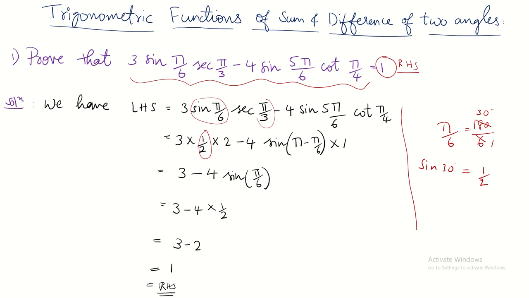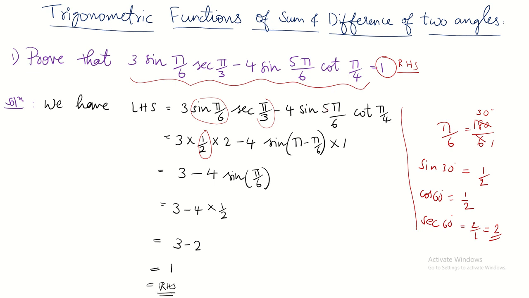So cos 60 is 1 by 2. Reciprocal of cos is sec. Sec 60 will be 2 by 1, that is equal to 2. So in the place of sec pi by 3, you will be writing 2, minus 4 as it is.